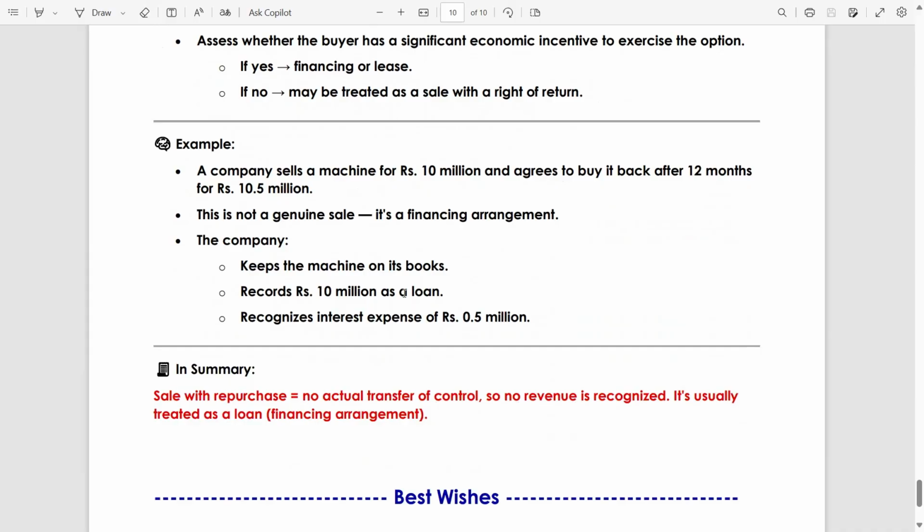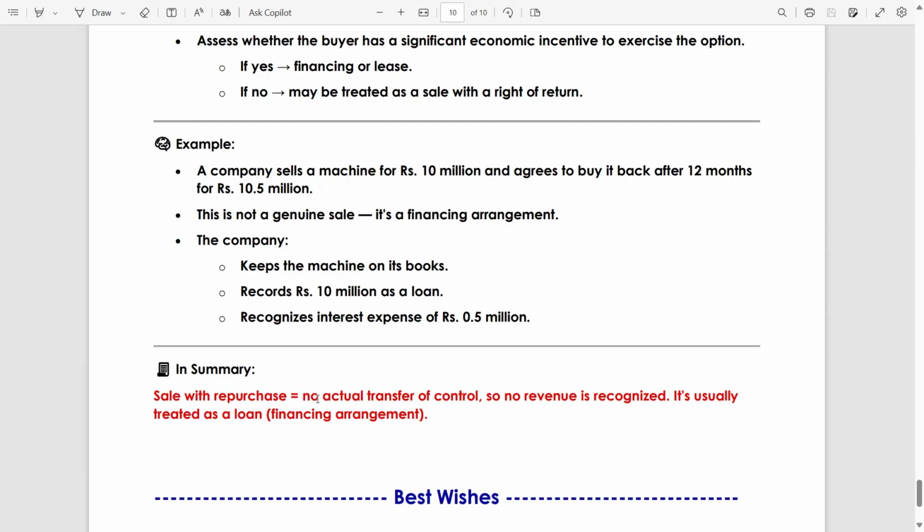Record rupees 10 million as a loan, recognize interest expense of rupees 0.5 million. Why 0.5 million? Because you sell this asset to me at 10 million, and now you are going to take it back from me at 10.5 million. So this 0.5 is interest.